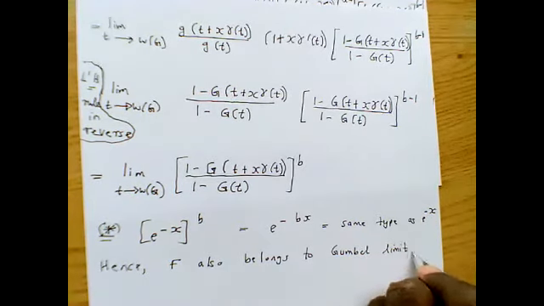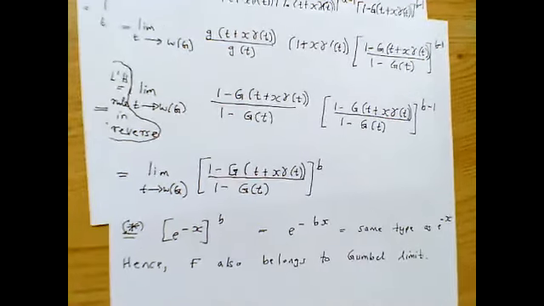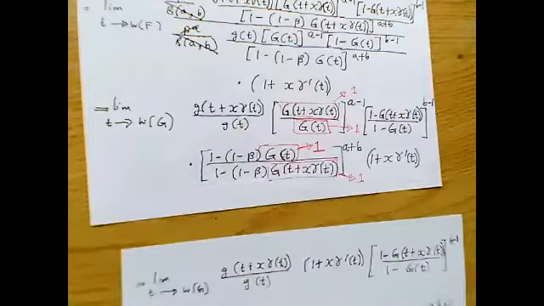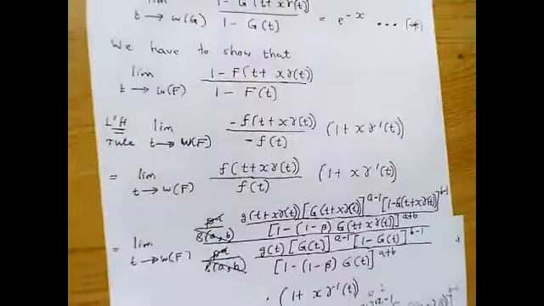All right. I know it looks like a lot of work, but once you do a few questions like this, you will be fine. I've got a question from Victor. Why do we get G(t) equal to 1? All right, let me answer that question here.